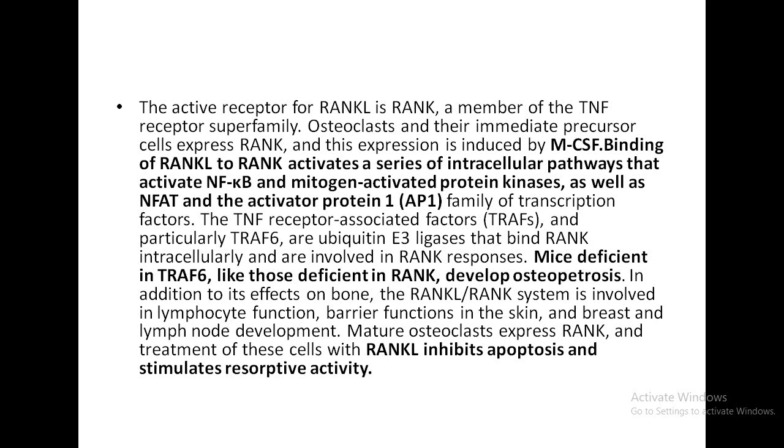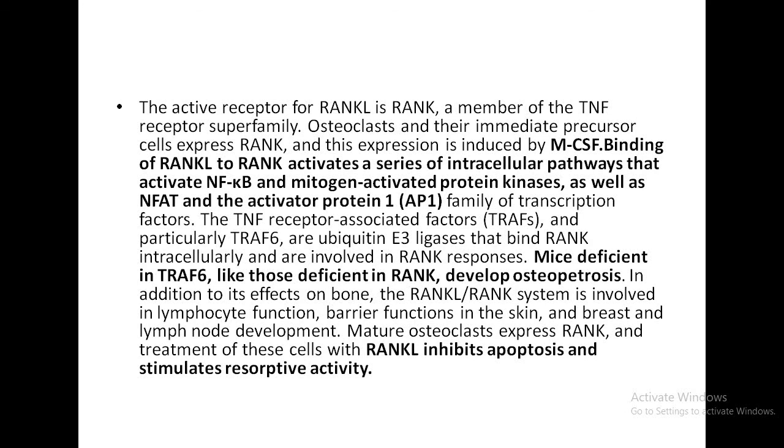So RANKL binding to RANK activates a series of intracellular pathways which activate NF-kappa B and MAP kinase, as well as NFAT and the activator protein AP1. The TNF receptor associated factors, TRAFs, particularly TRAF6, are E3 ligases that bind RANK intracellularly and are involved in RANK responses.